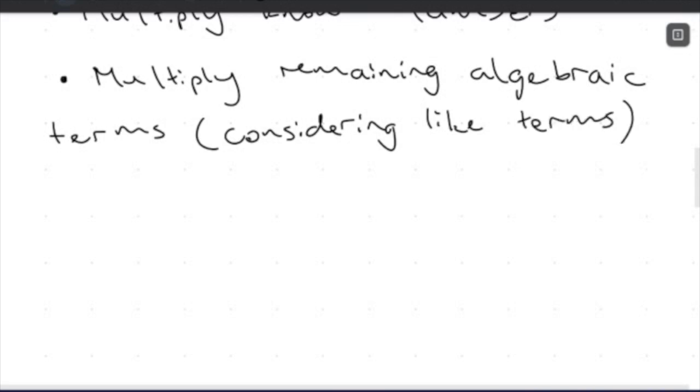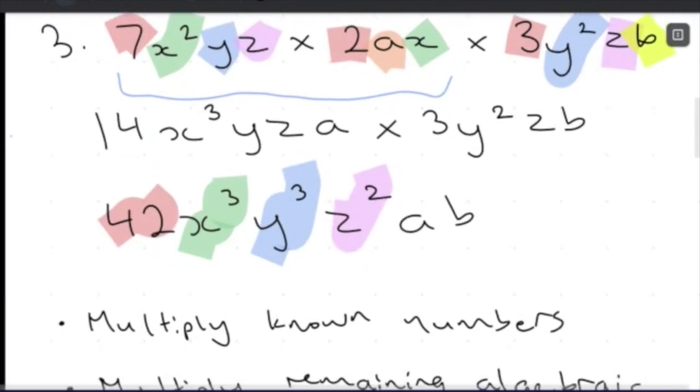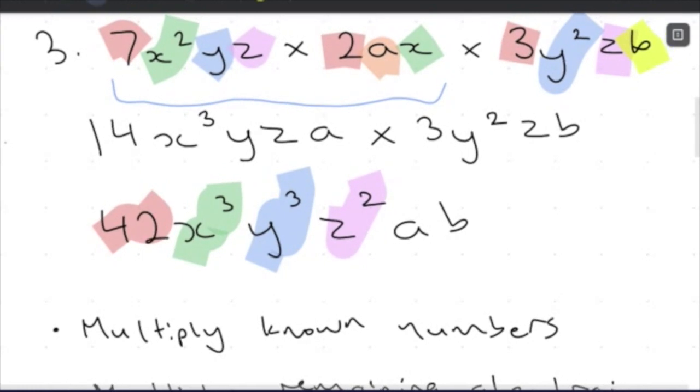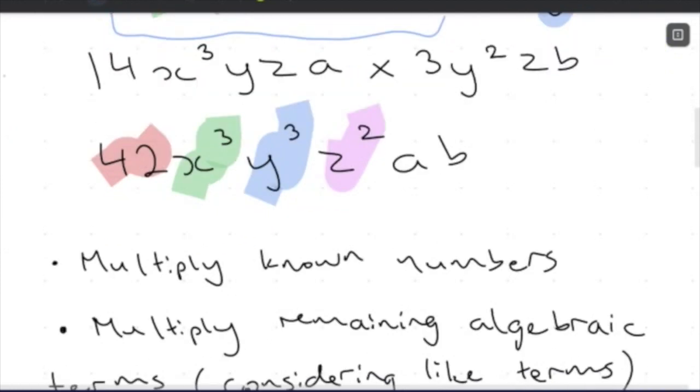By like terms, once again, I mean like x's or y's. So we have an x on one side, we have an x in another term. X is located in another term, same as y, same as z. So we're collecting the like terms as we would with adding and subtracting, but we're just multiplying these through.